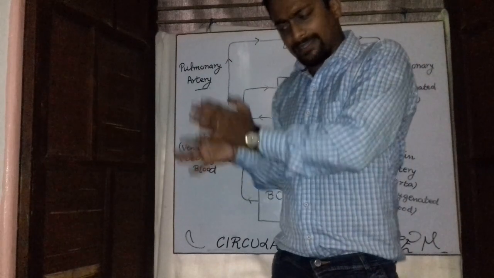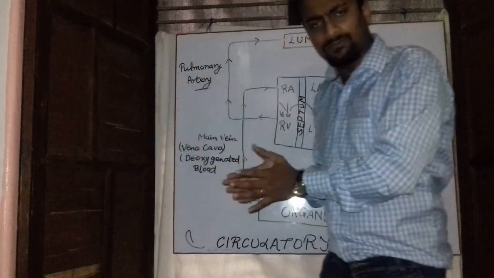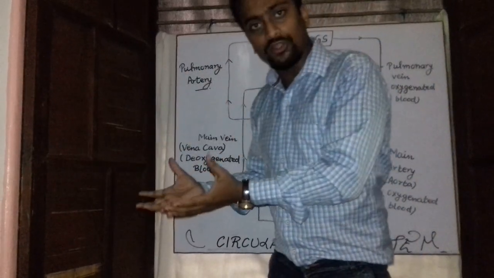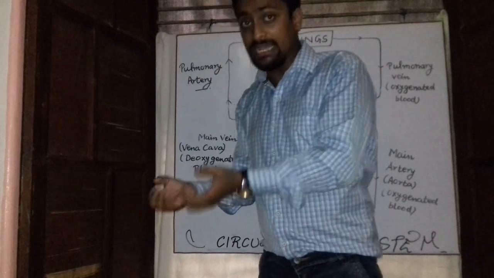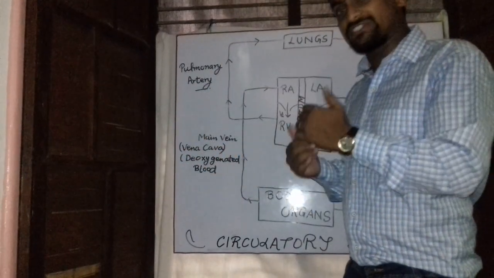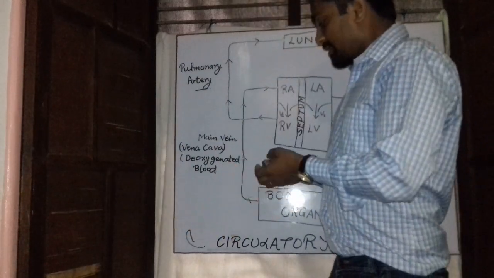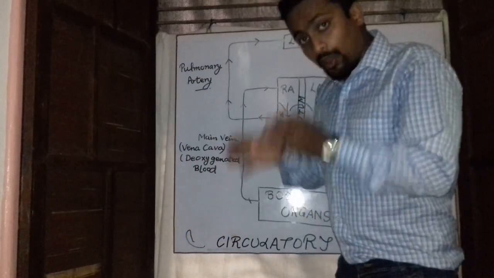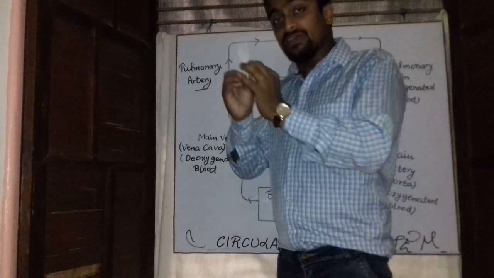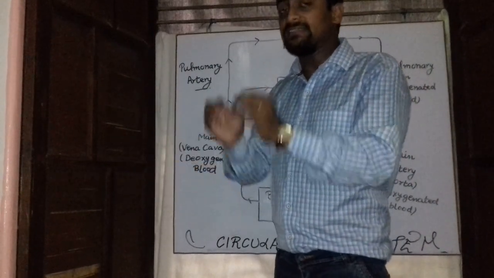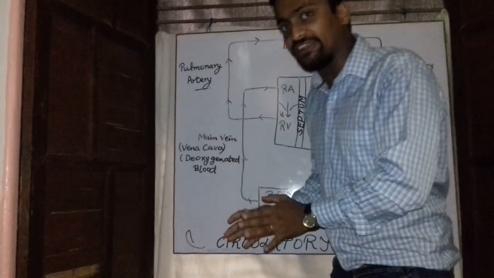The oxygen, minerals and nutrients present in the blood are taken up by the cells of the body organs, and the waste material, carbon dioxide as well as other excretory products, is dumped into the blood. Now this blood has become rich in carbon dioxide and waste materials, and the oxygen is low.